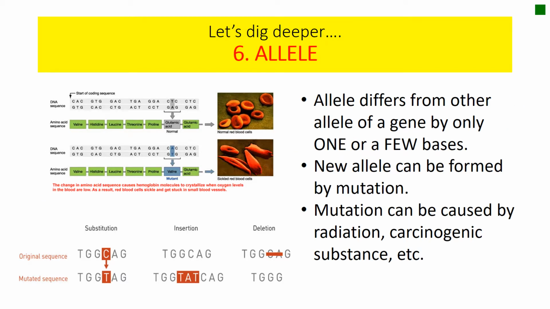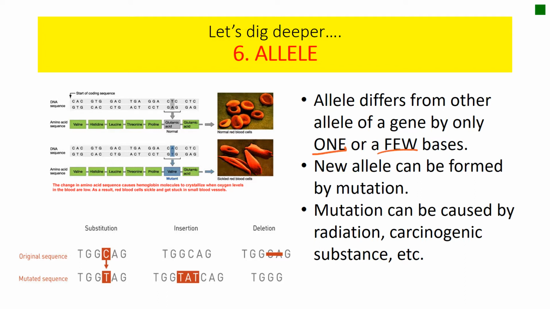All right, the last one. This is the last terminology, allele. What is an allele? Again, as you may have learned again and again, it is the variation of a gene. Now, one allele differs from another allele of a gene by one or a few bases.